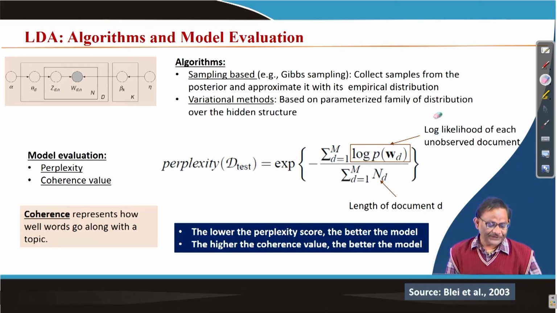Now from the computation point of view, obviously there are open source R codes and Python codes available, but these are developed using the algorithms and the estimation methods. There are several estimation methods, including maximum likelihood estimation.